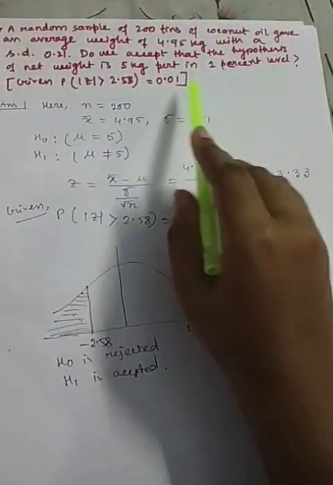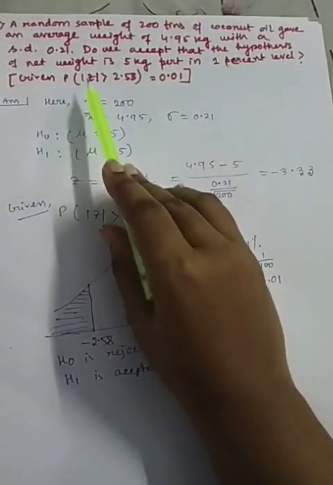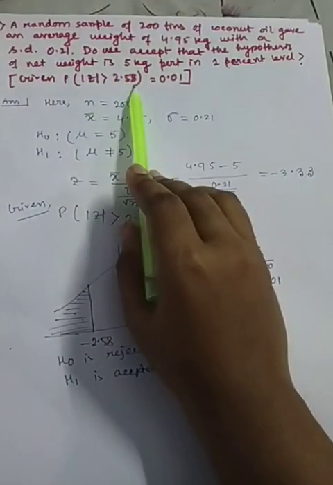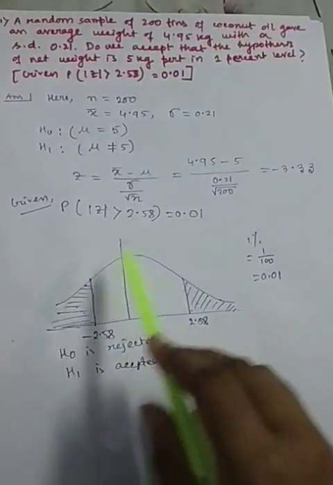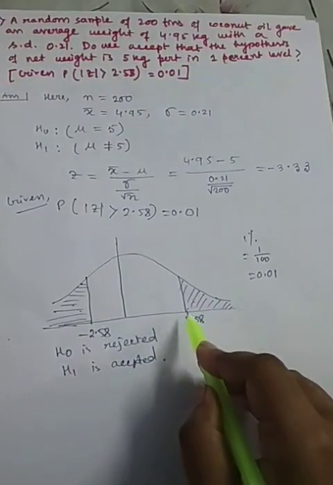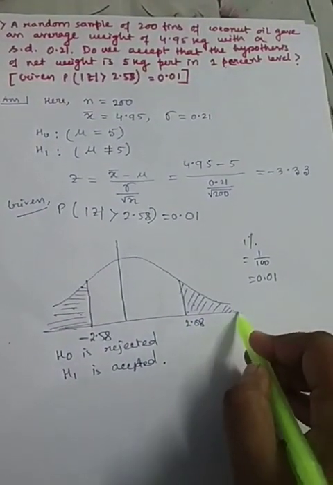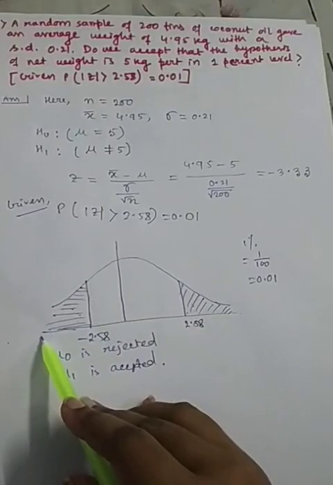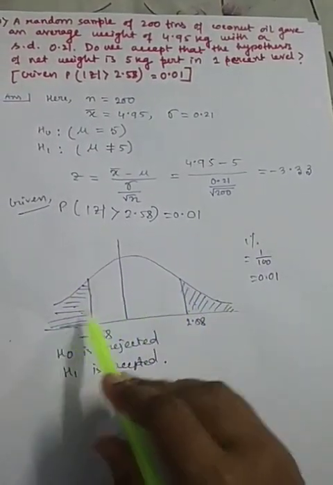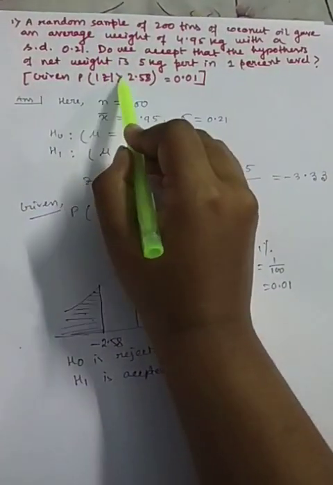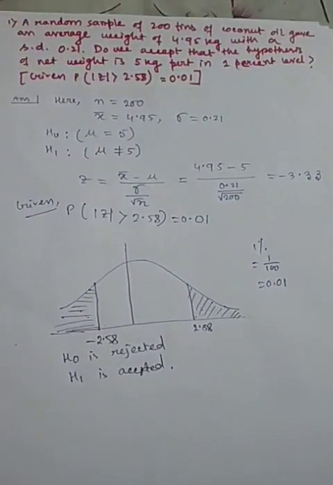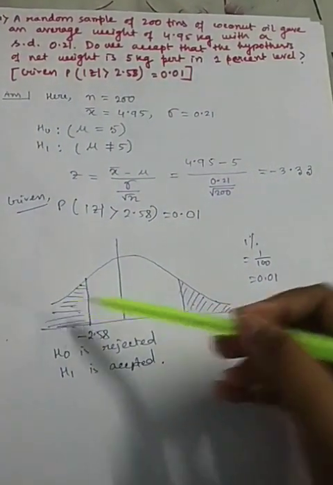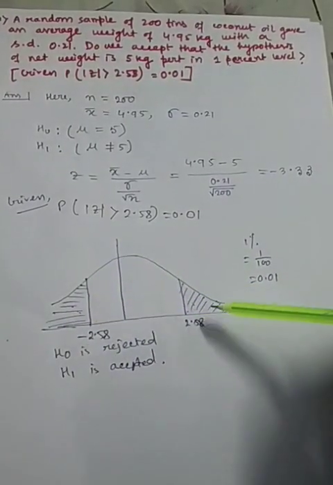It is given that for the 1% level, the probability of mod z greater than 2.58 equals 0.01. So if we draw the normal curve from 2.58 to plus infinity and from minus 2.58 to minus infinity, these are the critical regions because mod z greater than 2.58 equals 0.01. So on the positive side as well as the negative side, both are in the critical region.